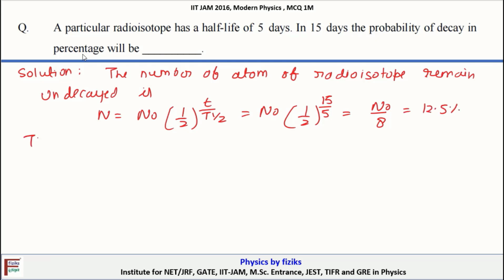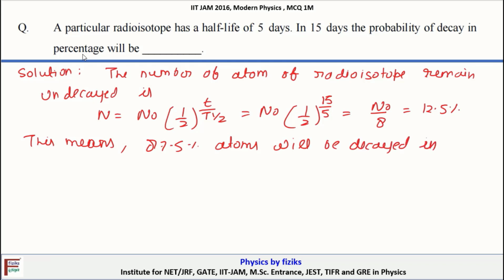This means 87.5% of atoms will be decayed in 15 days. So the answer will be 87.5.